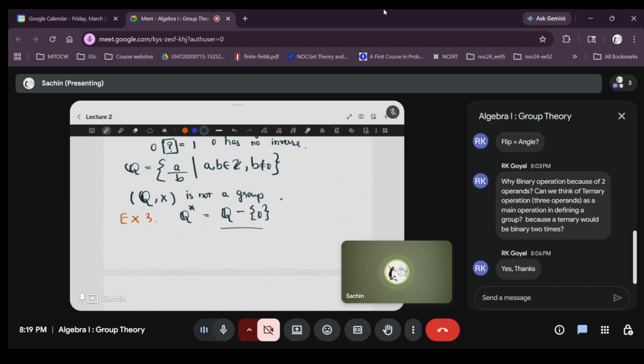This is the difference of two sets, A minus B. And most of the time I'll write this as Q minus the set with 0, which is another notation for the same thing. Then Q star under ordinary multiplication is a group.